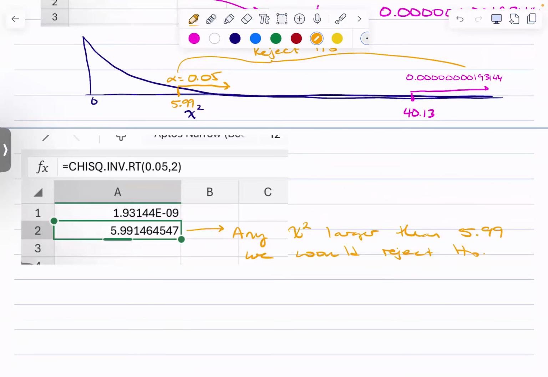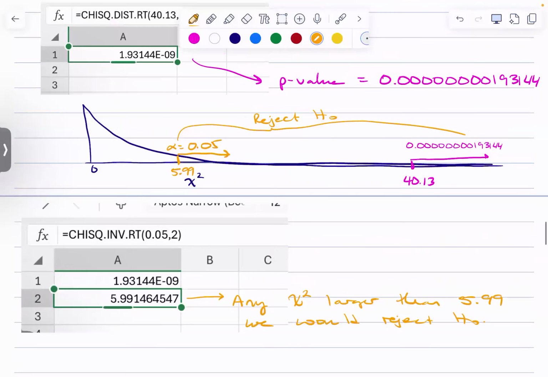I'm going to stick to the p-value approach from here on out, but it's nice to see, and I think it makes a nice connection, and we can do the same thing for z's. We could say, okay, I could force the area in the tails or tail to be 0.05, then what z makes that happen, and if my z is bigger than that, then I reject H naught. And so we can do that for z's as well.